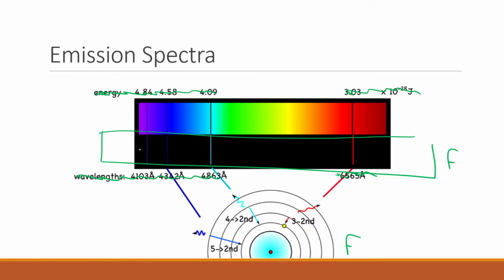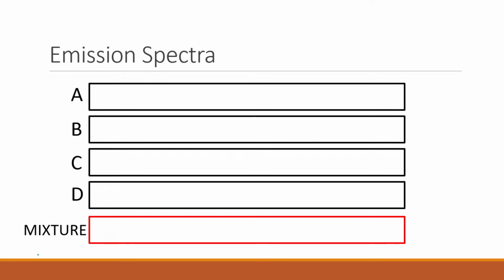And what's that going to look like? That's going to look a lot like this, but without the colors. So if I tell you that there are 4 elements, element A, B, C, and D, and then a mixture of some of those elements, we would look at the emission spectra, the lines that represent the different wavelengths of each of these things.